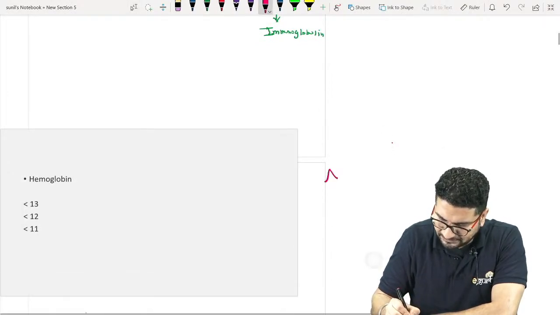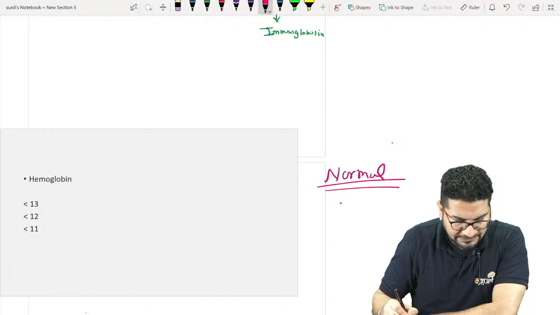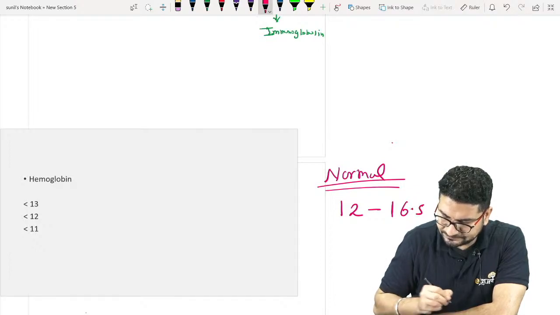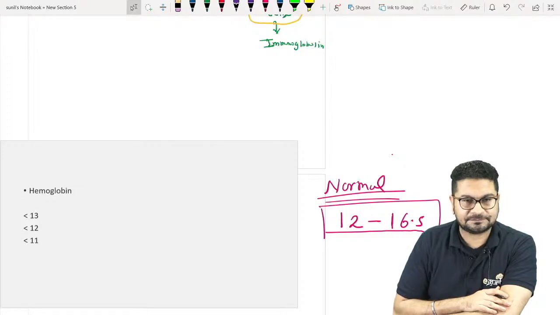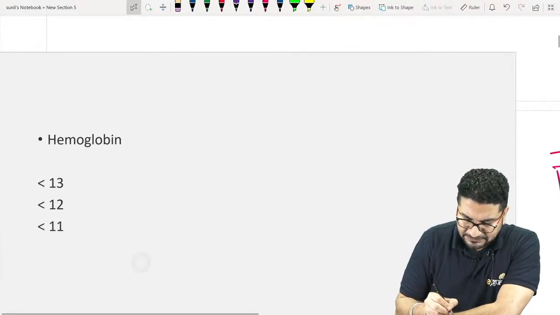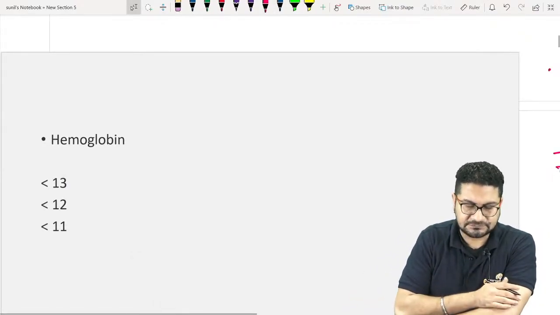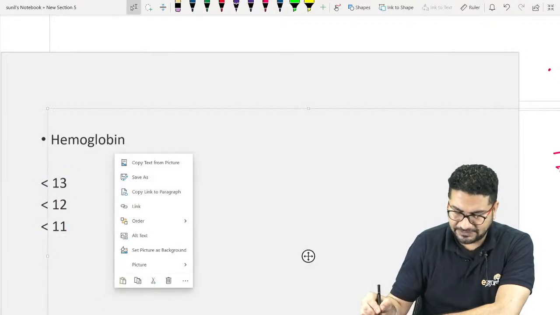Normal hemoglobin will be in the range of 12 to 16.5. But for Indians, they have reduced the range. Understand this: less than 13 is for males, less than 12 is for females, and less than 11 is for Indian females.